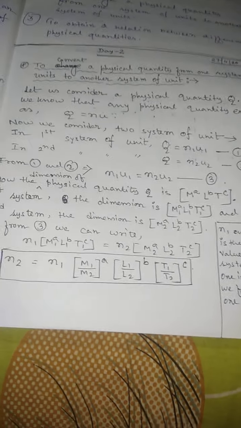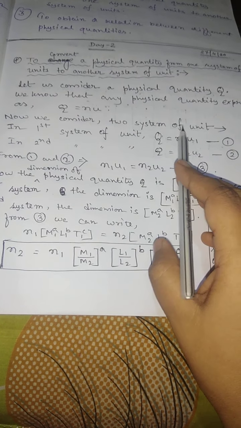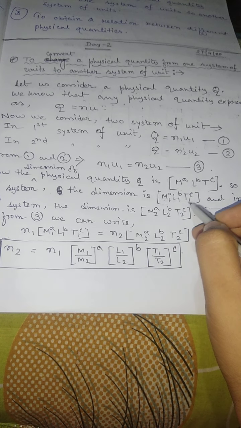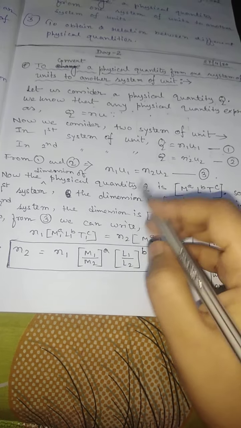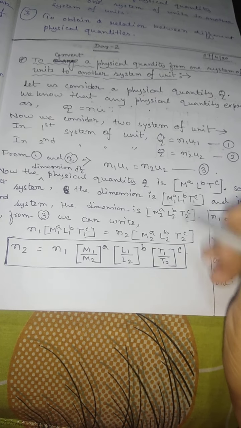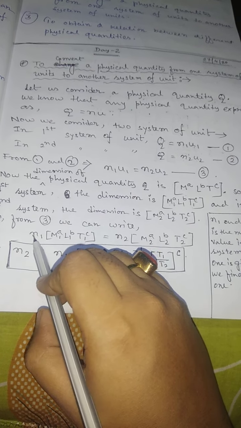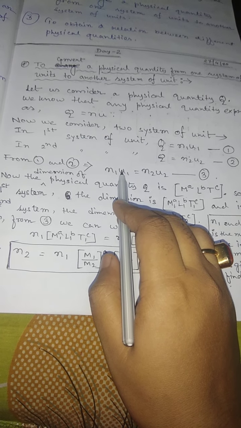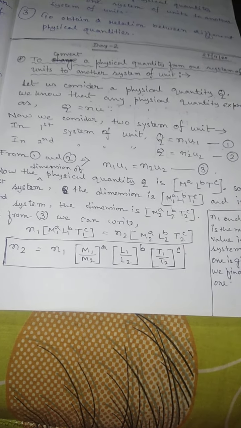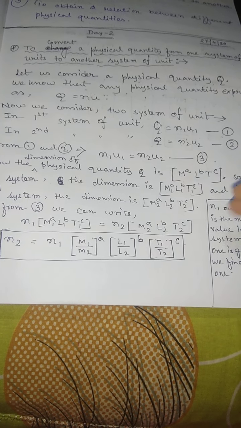In the first system of unit, we can write this dimension as M1 to the power a, L1 to the power b, T1 to the power c, and in the second system of unit M2 to the power a, L2 to the power b, T2 to the power c. So in equation 3, N1 is a numerical value, and in place of U1, the unit, we write its dimensional formula.